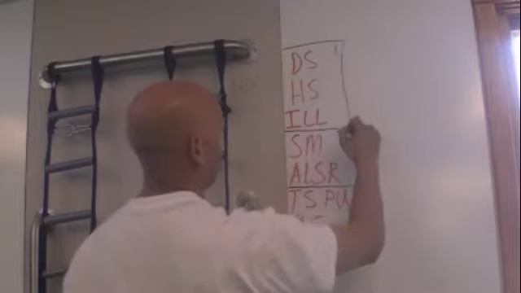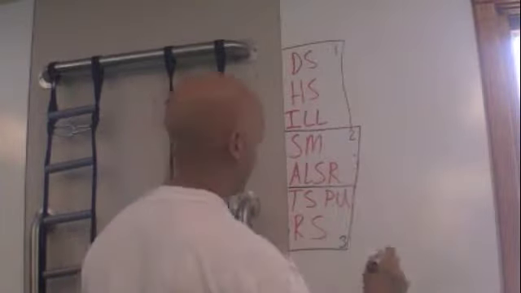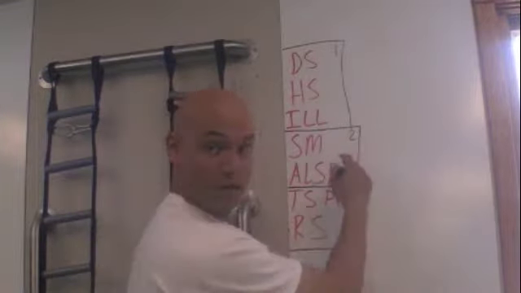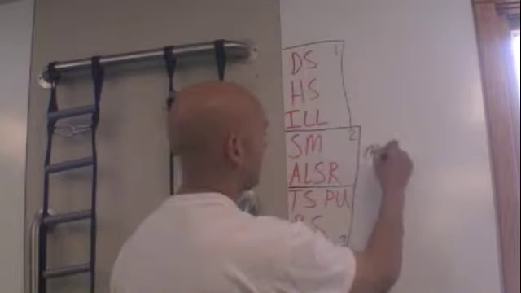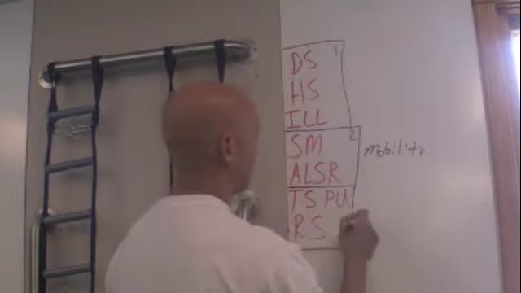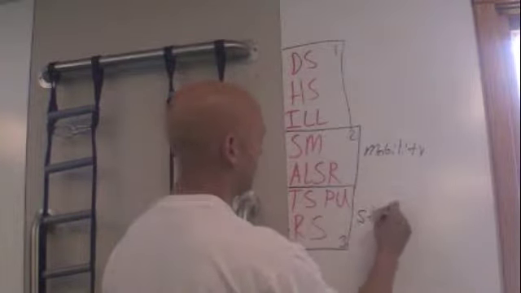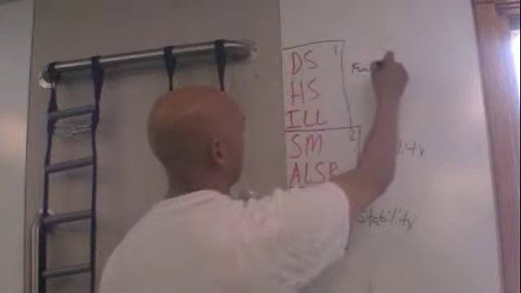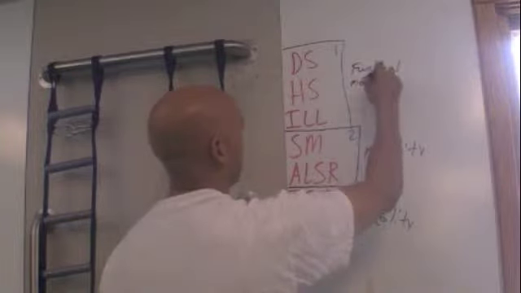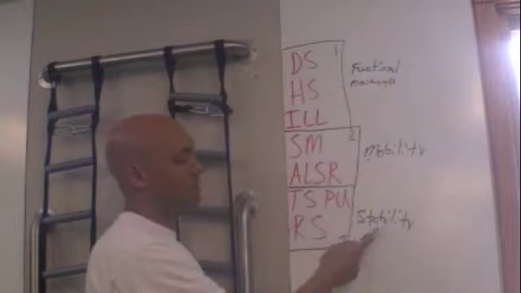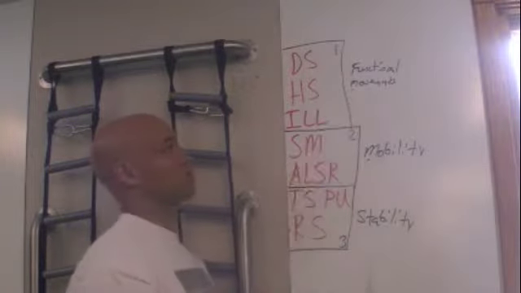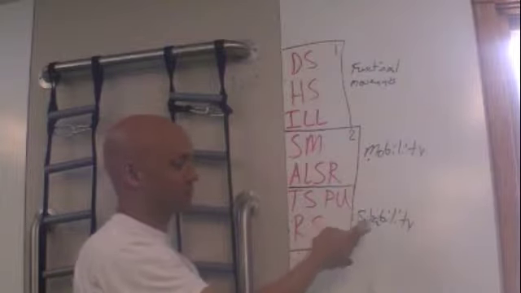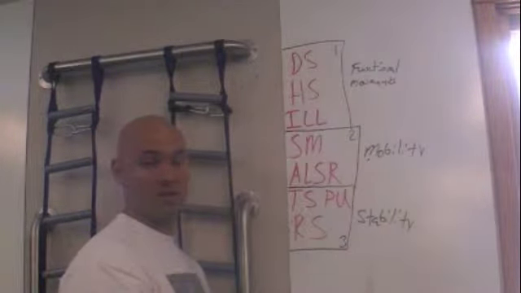This pod here is the mobility pod. This one here is stability. And this one here is functional movements. Mobility is number 1, stability is number 2, then functional movements is number 3. So usually if we fix mobility, fix stability, functional movements will get fixed as well.